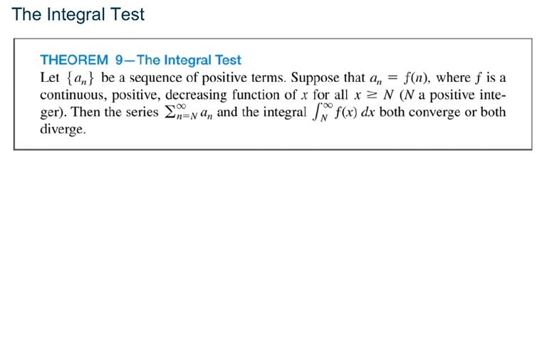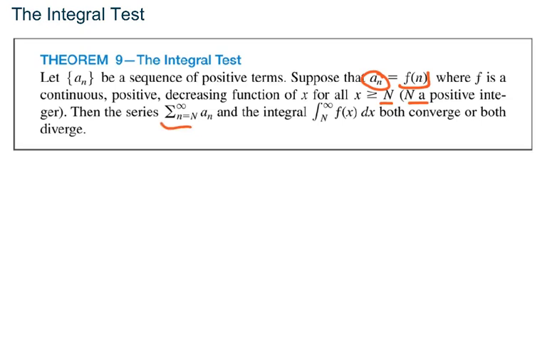Well, what this says here is that we can let that nth term be a function of n, as long as f is a continuous, positive, decreasing function of x for all x that are bigger than some specified N, a positive integer.